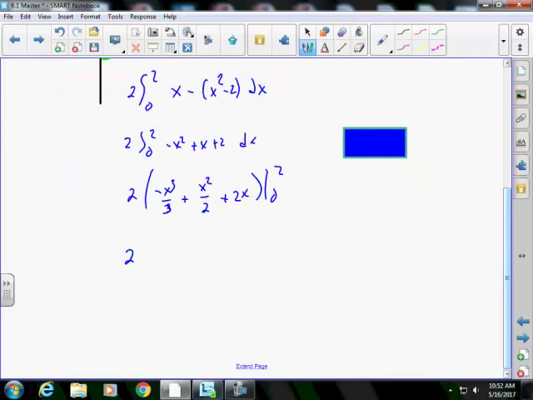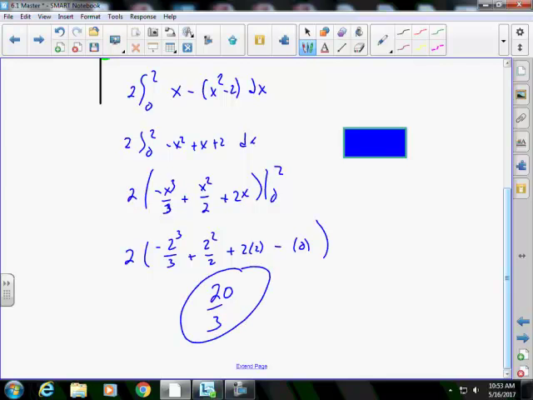So I'm going to put 2 in: minus 2 cubed over 3 plus 2 squared over 2 plus 2 times 2. Subtracting, they're all going to be zeros. I'm going to calculate all that. I'm going to double it, and I'm going to get the final answer of 20 over 3. It's 20 over 3. All right.